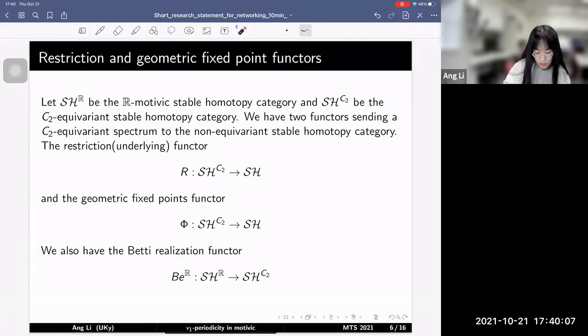One is the restriction functor, for forgetting the action, and we have the geometric fixed point functor. They are both from the C2-equivariant stable homotopy category back to classical. We also have the Betti realization functor connecting R-motivic and C2-equivariant. So in summary, we have two paths from R-motivic back to classical, stopped by C2-equivariant in the middle.